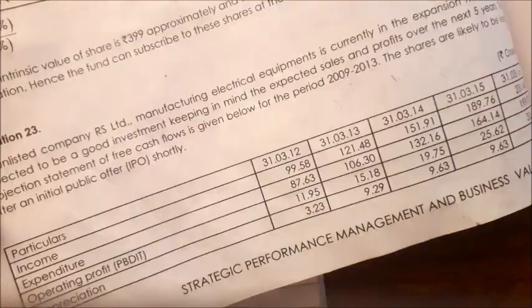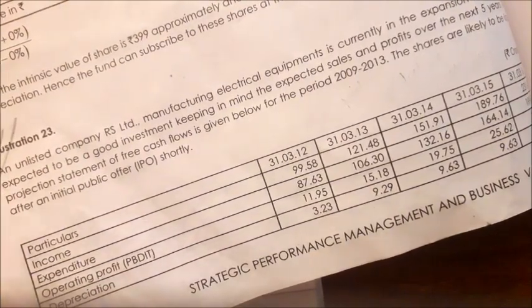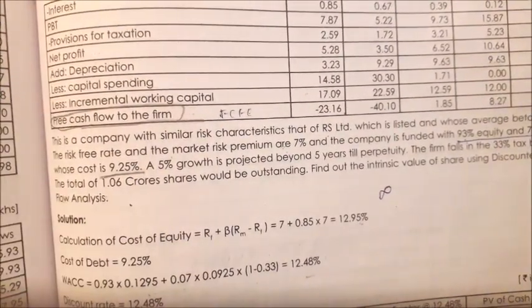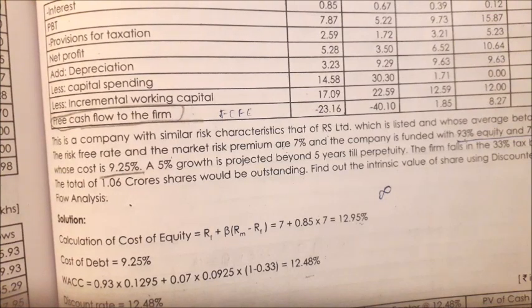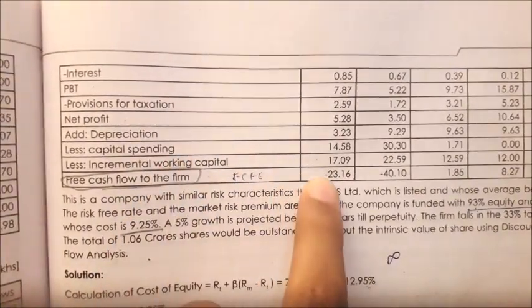The same is the case in illustration number 23. Here we do not have to find the free cash flow to the firm because they have provided it in the question itself, but if you check the calculation, the same is done. As the company is going through expansion mode and an IPO is going to be issued, the company is going to be listed, so this is how they have calculated.